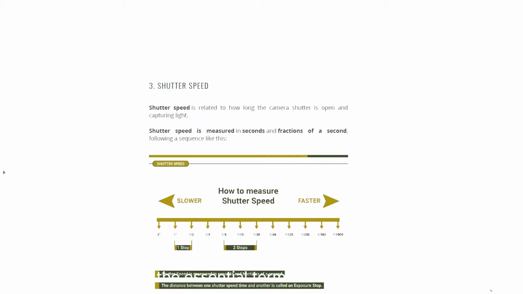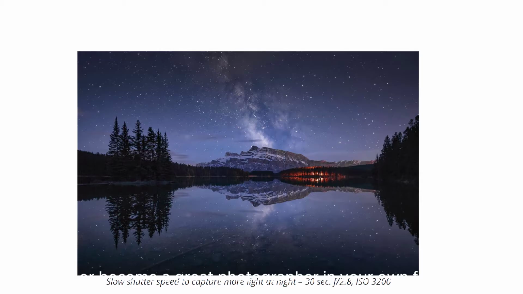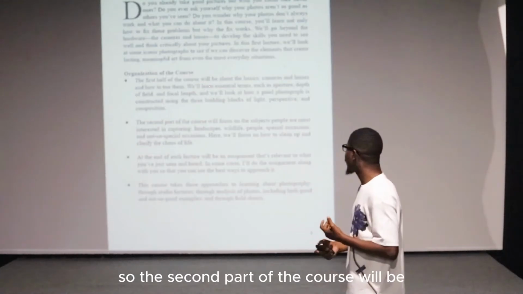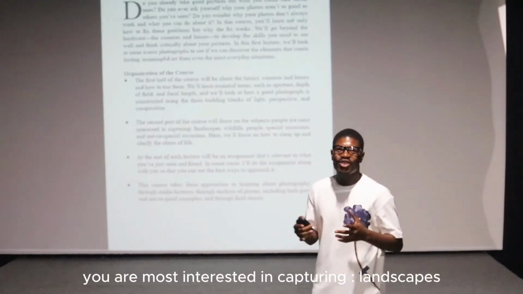The essential themes, that's aperture, depth of field, focal length, and many more, so that you become a great photographer in your own field or any field you want to venture into. So the second part of the course will focus on the subjects people are most interested in capturing.